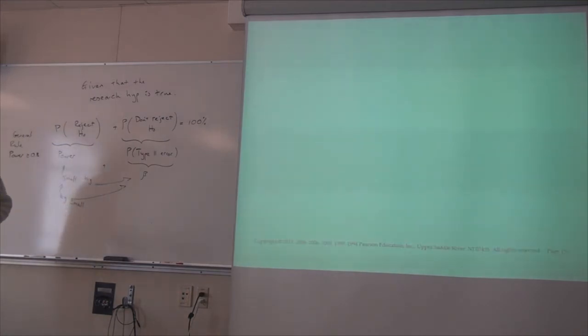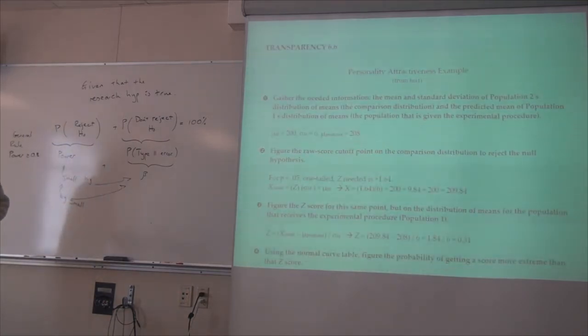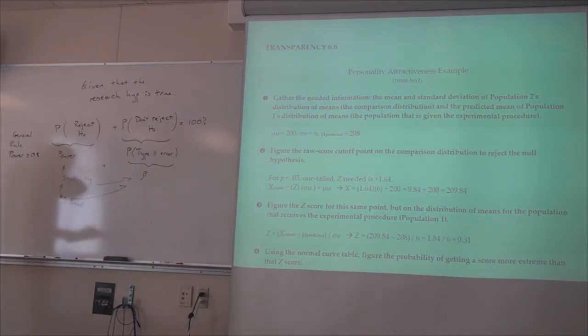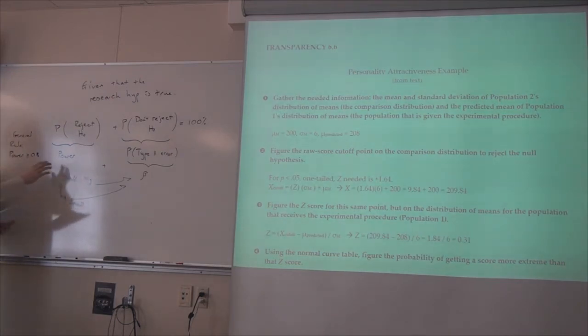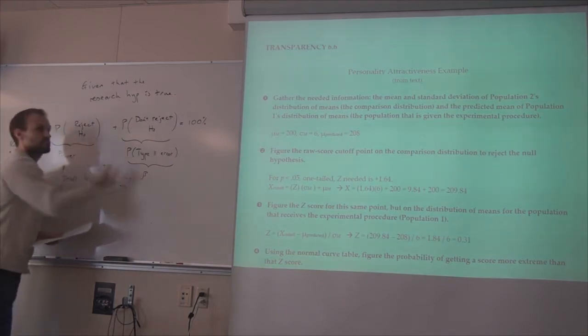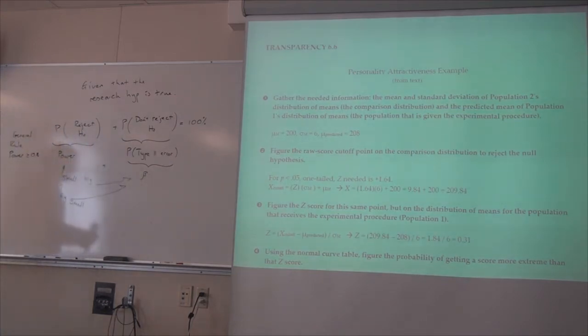So let's go back to our personality attractiveness example, and just see the calculation first, and then we can look at which aspects affect this number, this power, and thereby this probability of making a type 2 error.